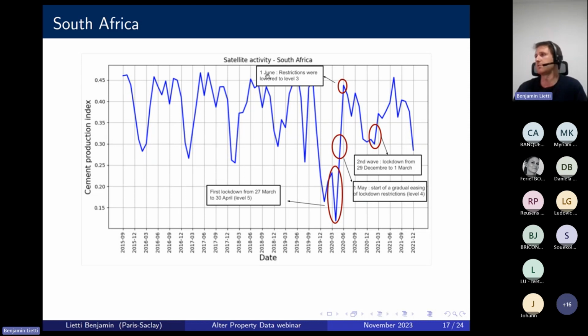And starting on the 1st of June, the restrictions were lowered even further. So that's what explains that the cement production reached a usual level. And then finally here, from December to March 2021, there is a new lockdown caused by the second wave of COVID-19.